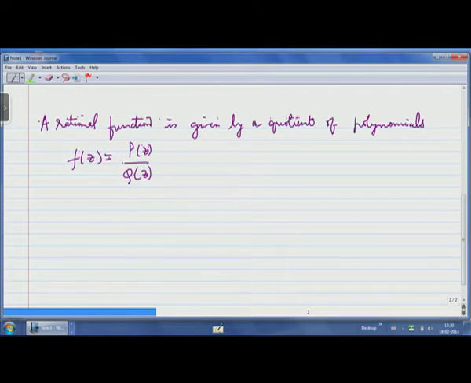So a rational function is just a quotient of polynomials, p and q polynomials in z with coefficients in complex numbers. Of course, a quotient of polynomials includes even constants. You can take q to be 1.